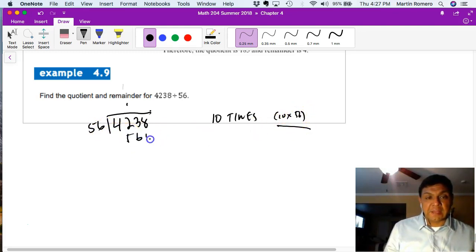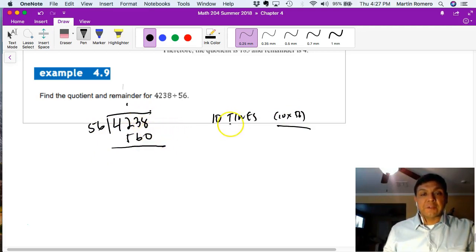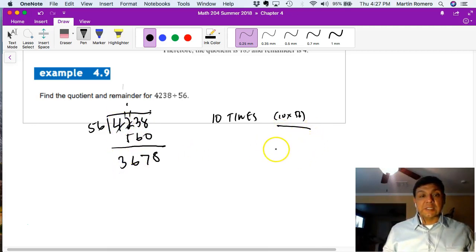We know that's 560. And so when we do that, we then find out what's left over after it goes into it 10 times. You get 8, 7, borrow or regroup. I don't want to use the word borrow, so it's 12. This becomes 11 minus 5 is 6, and this becomes a 3. So I know it goes into it at least 10 times. Now I can ask myself the question again.